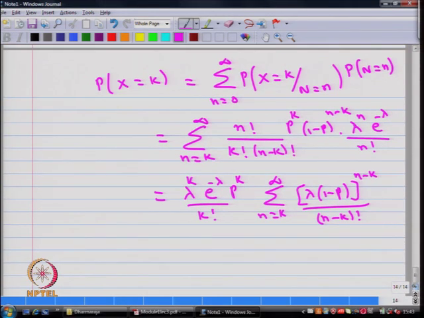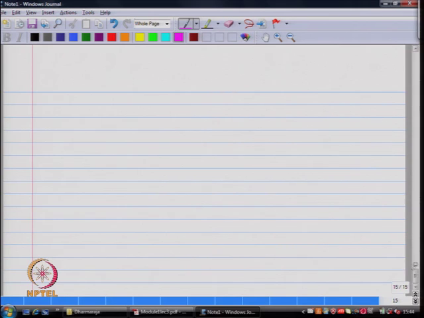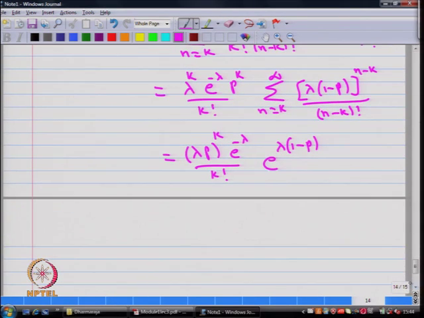That is same as (lambda p) power k multiplied by e power minus lambda by k factorial. The summation n equal to k to infinity and so on, that becomes e power lambda times (1 minus p). Therefore, further you can simplify.